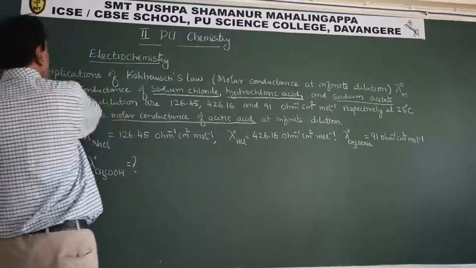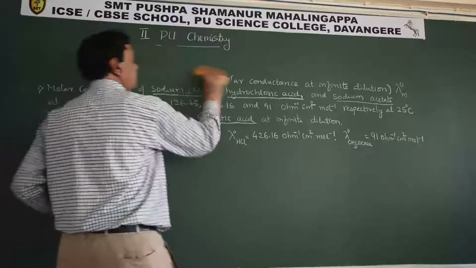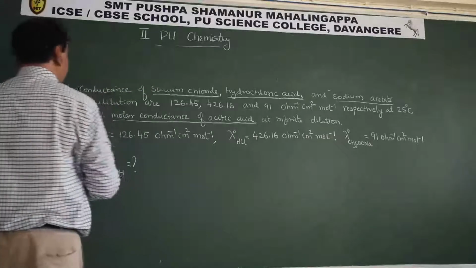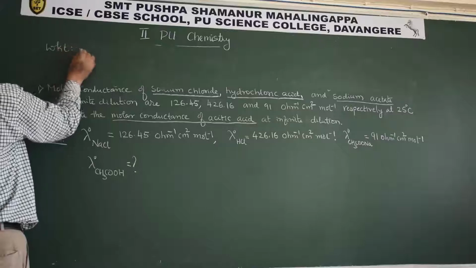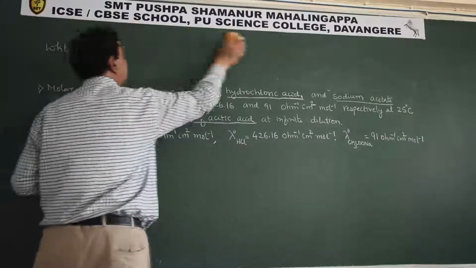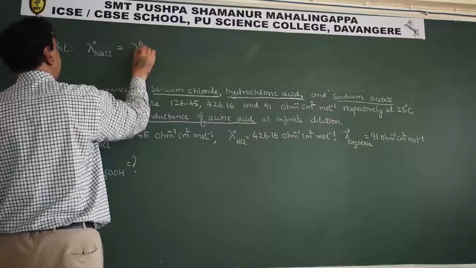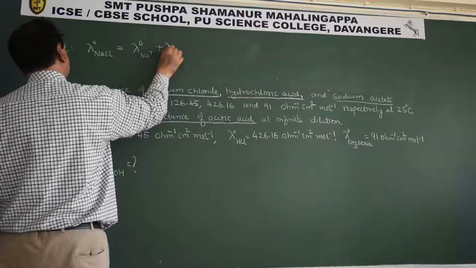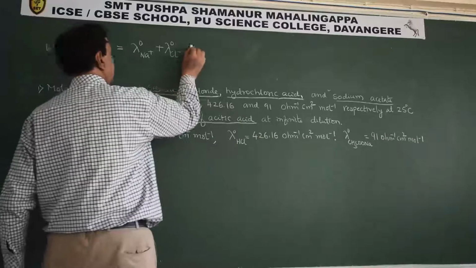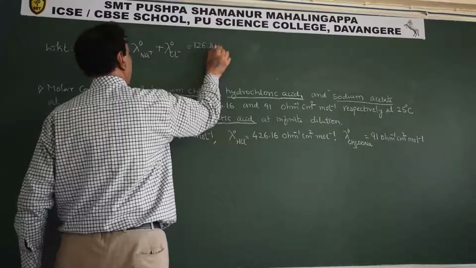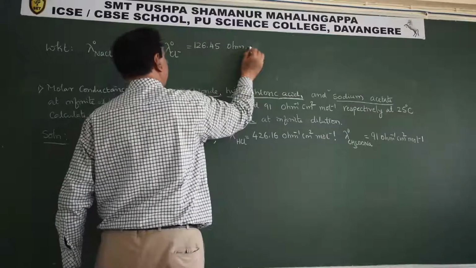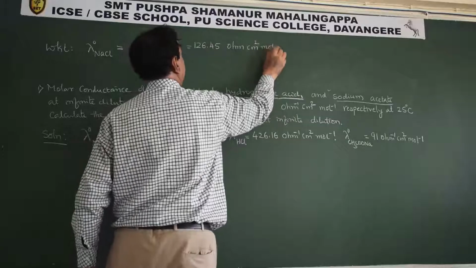Therefore, according to the problem, we know that lambda naught of NaCl is equal to lambda naught of Na plus plus lambda naught of Cl minus, that is equal to 126.45 per ohm square centimeter per mole.